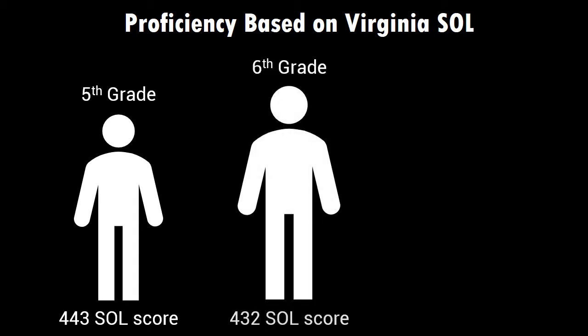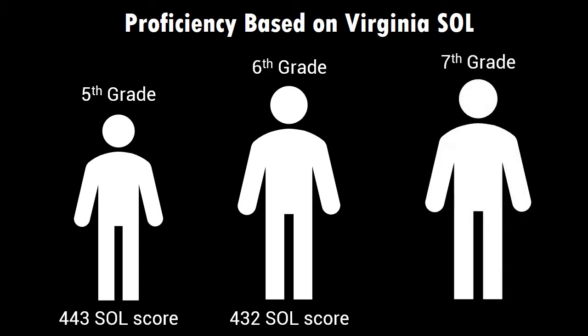The same student in 6th grade scored a 432 on their SOL test, and in 7th grade scored a 435. And the difference between the growth assessment of the MAP test and the Virginia SOL is that in the Virginia SOL, we're measuring proficiency based on one grade level. We're not measuring growth, we're just measuring proficiency. So these scores aren't really growth scores, they're just proficiency scores.